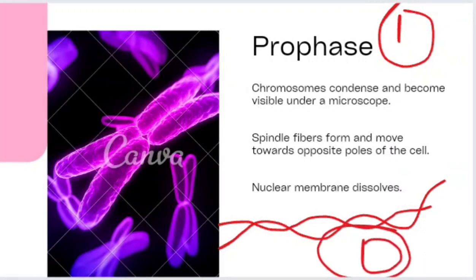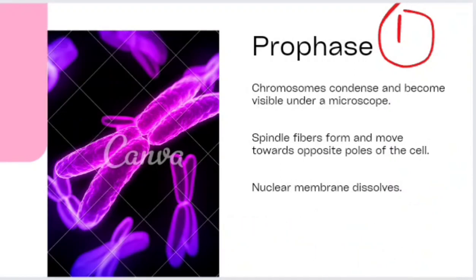So for this purpose, this DNA is condensed into structures called chromosomes. So in prophase, the main thing which happens is chromosomal condensation, and the chromosomes become visible under the microscope.